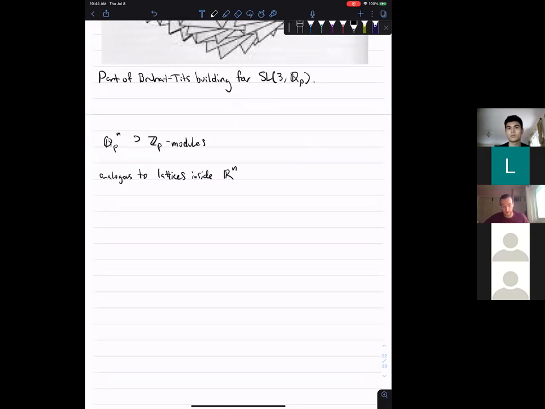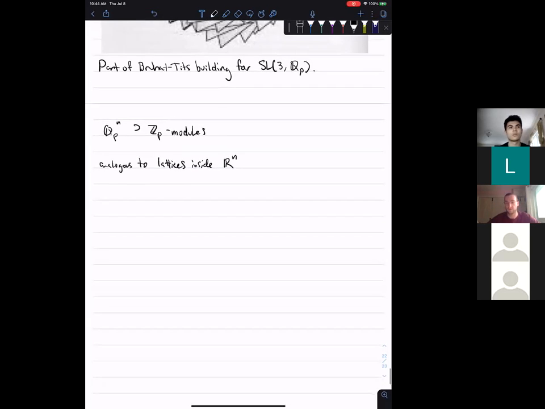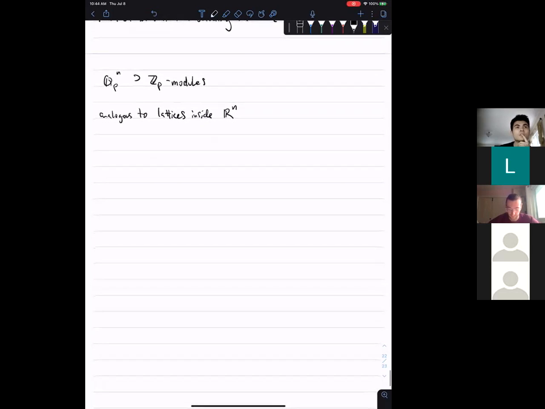And on these collections of ZP modules, you have an action of this group SLNQP. But the way that the topology of the p-adics works, everything's very combinatorial. So on these lattices, you have these incidence relations.